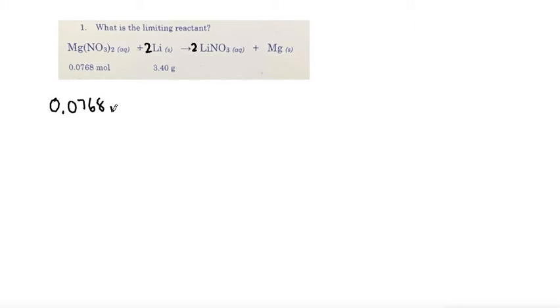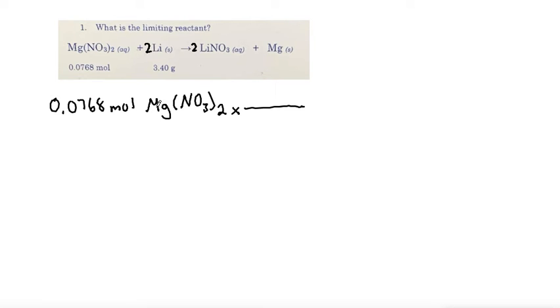So let's start with the 0.0768 moles of MgNO3 2. So we're currently in moles of a reactant, and to convert to moles of a product, we can use the molar coefficient in the balanced reaction.